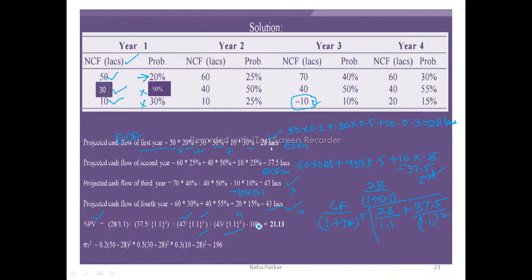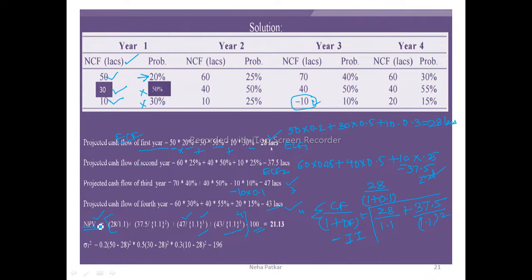Then we subtract the initial investment from this summation value. The initial investment of 100 lakhs is given in the question, and when we solve this we get the NPV of the project.